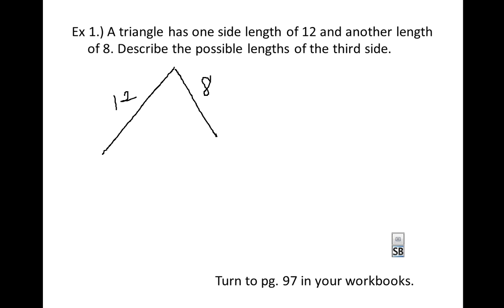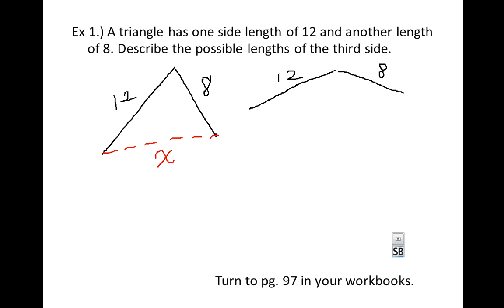The question is, what are some values of the third side of this triangle here? Let's say I were to redraw this triangle, and again this is 12 and this is 8.